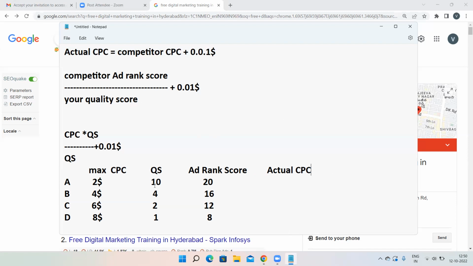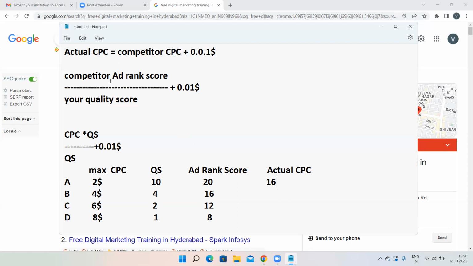So for A, Pavitra, who is the competitor? B is the competitor. So what is the competitor's ad rank score? It is 16, not your own ad rank score.